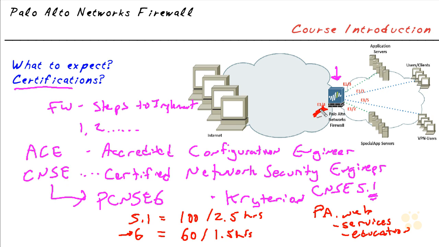But when we get down to it, pick which exam you're going to take, and your certification, whether a CNSE 5.1 or a PCNSE 6, will actually be determined based on what you've done. So no, I've already done the 5.1. I did that a couple years ago. I probably will go ahead and take the PCNSE 6, just to add to it and keep my certifications current.